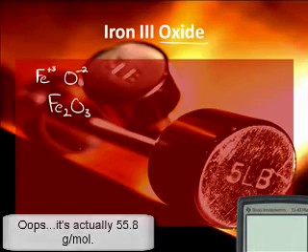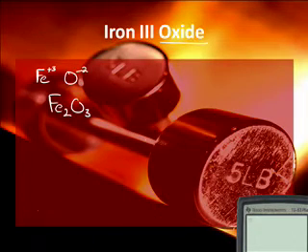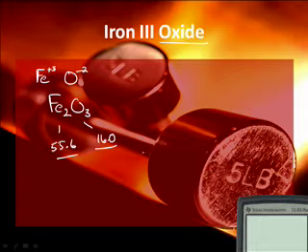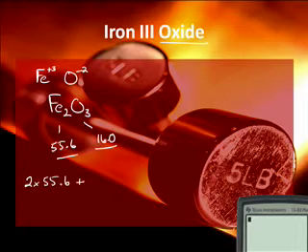So if we go back to our screen, iron weighs 55.6 and oxygen weighs 16.0, but we have a particular problem: there's 2 irons and 3 oxygens. So this is what I would do. I would say 2 times 55.6 plus 3 times 16.